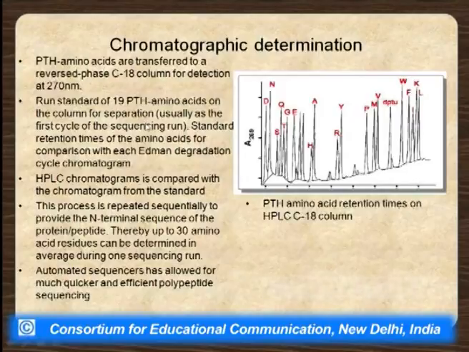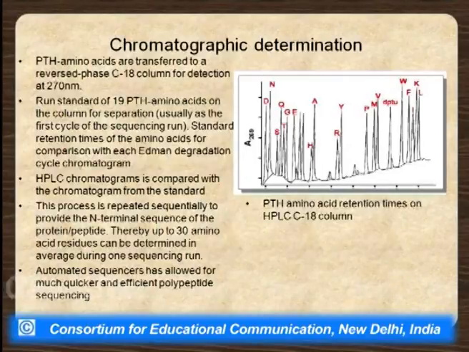They are usually run before sequencing is started, and kept as a library, and the standard retention times of the amino acids are then used for comparison when each of these Edman degradation PTH amino acids arrive at the column. HPLC chromatograms are compared with the chromatogram for the standard, and this process is repeated sequentially to provide the N-terminal sequence of the protein and the polypeptide.